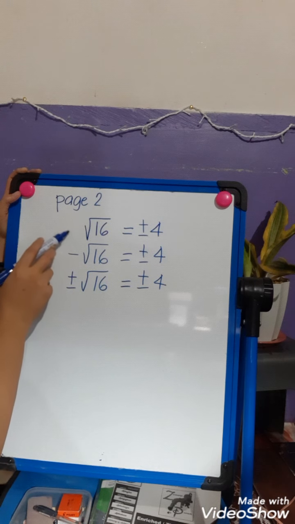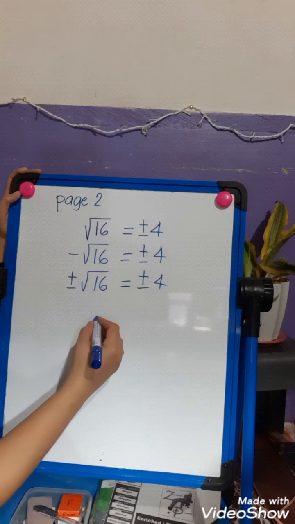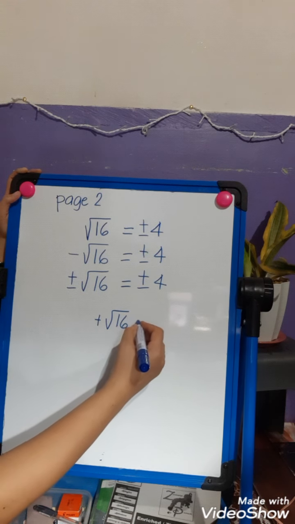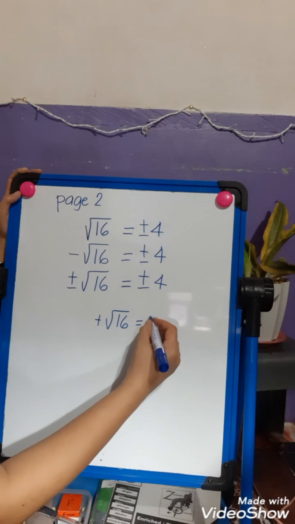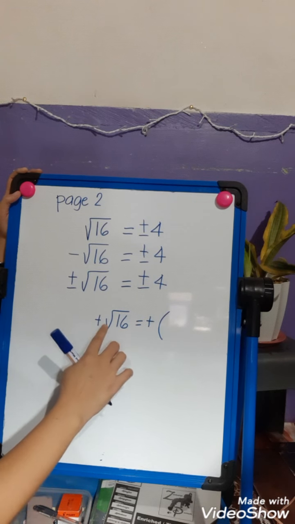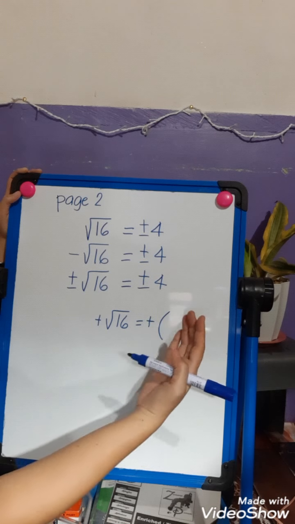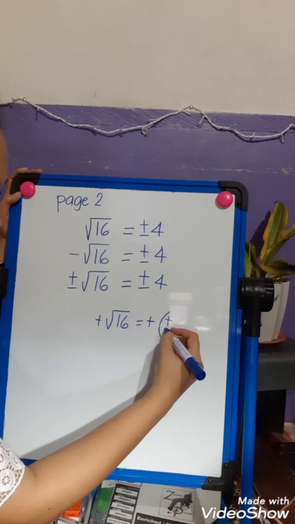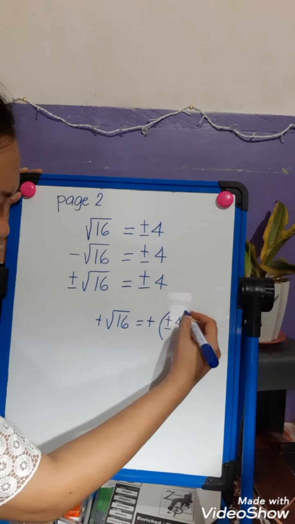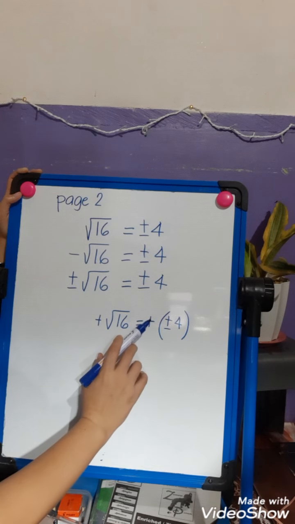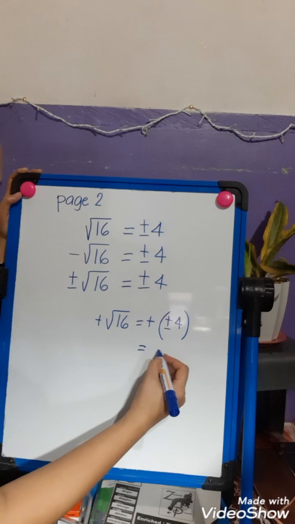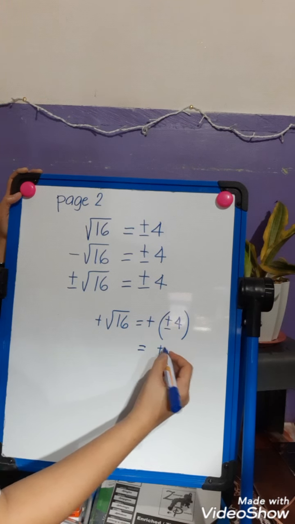The one without a sign, meaning that's positive. So, that is the positive square root of 16. So, we have positive, and the square root of 16 based on our previous discussion is positive and negative 4. So, we multiply it. Positive times positive, still, that's positive.